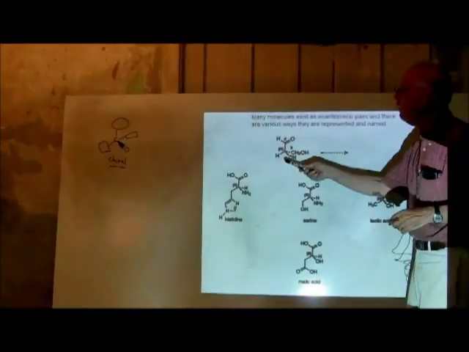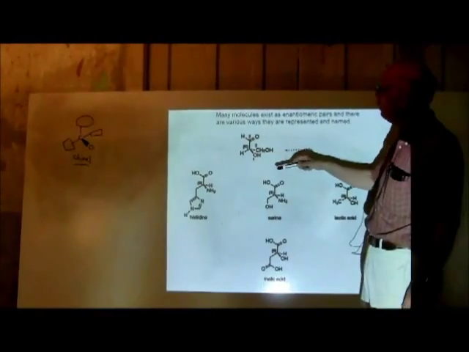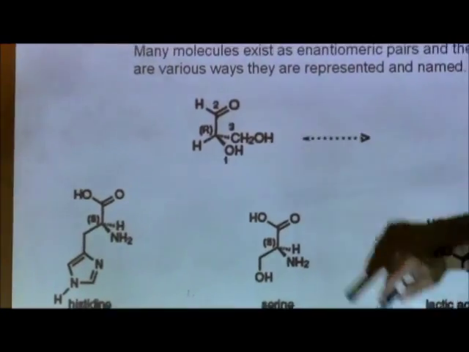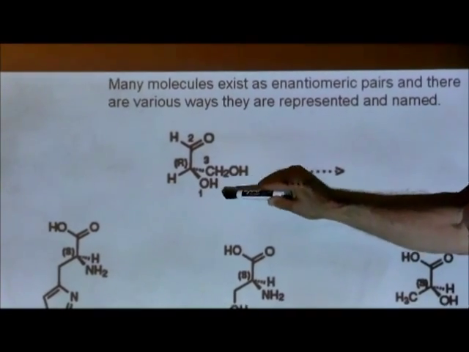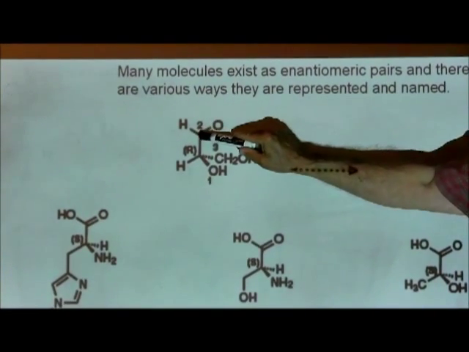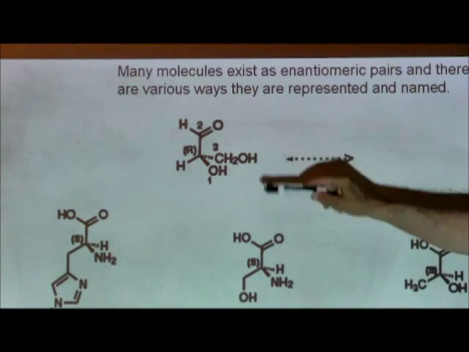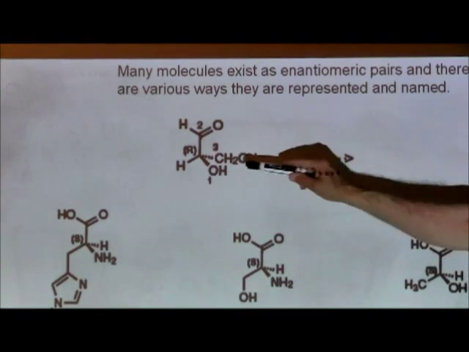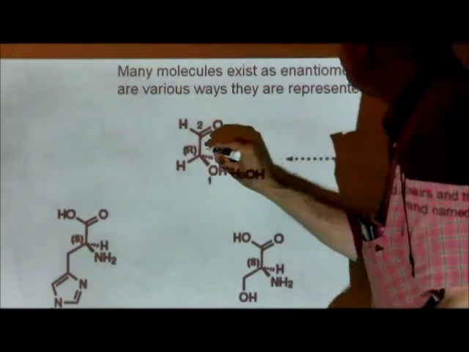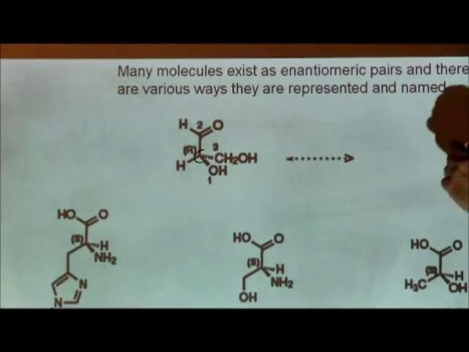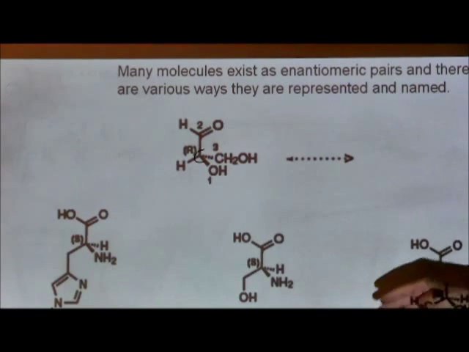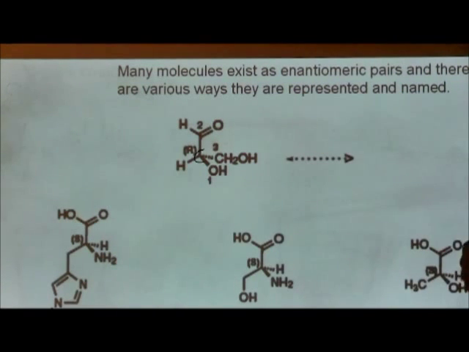Here's a molecule with 4 different groups around it, right? CH2OH is certainly different from OH. It's certainly different from a carbon with a double bond to oxygen. It's certainly different from hydrogen. So here's a carbon right here, which we draw here in black, which has 4 groups around it. I guarantee you it's non-superimposable with this mirror image. Can we name it in some way? Well, if we know the overall structure, we know how things are bonding up.